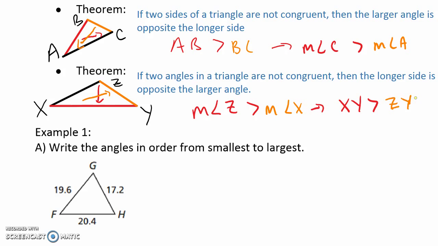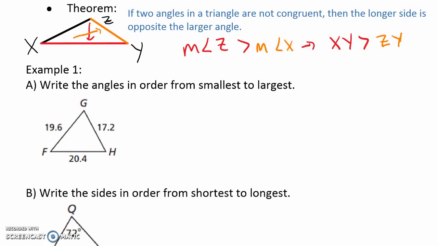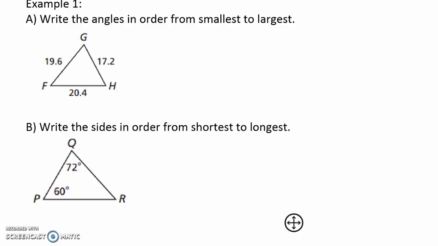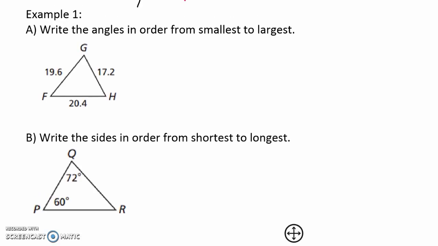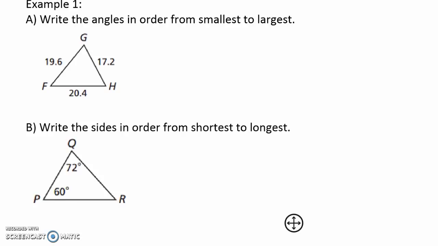All right? So scroll up just a little bit here. One of the things I could ask you to do is just list out the angles or the sides in order from smallest to biggest or shortest to longest. So remember, for example, 1A, the longest side is always across from the largest angle.